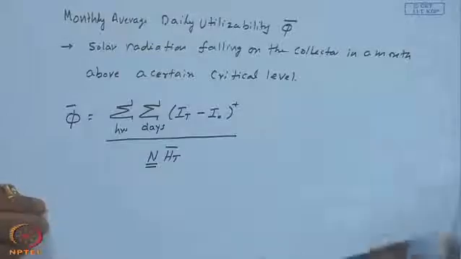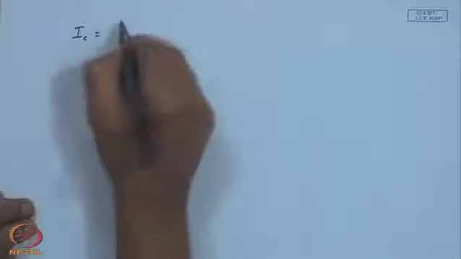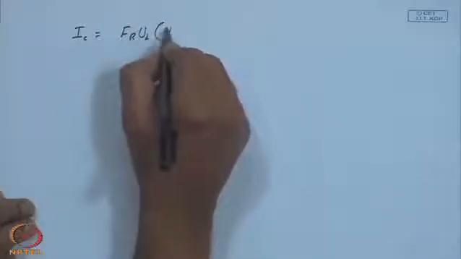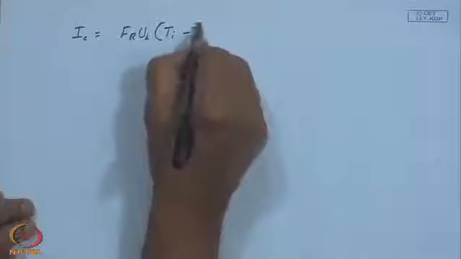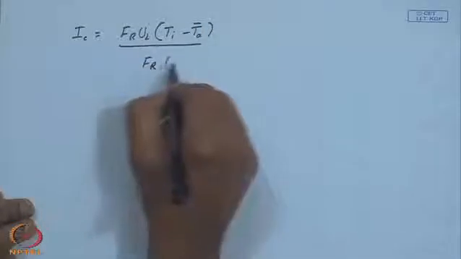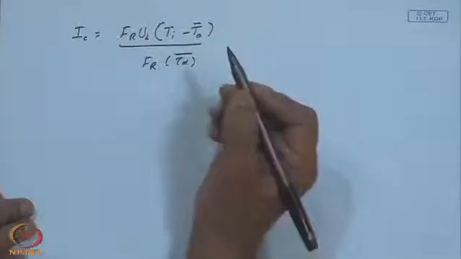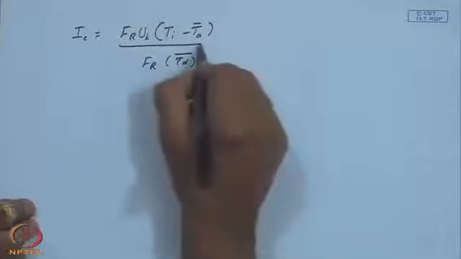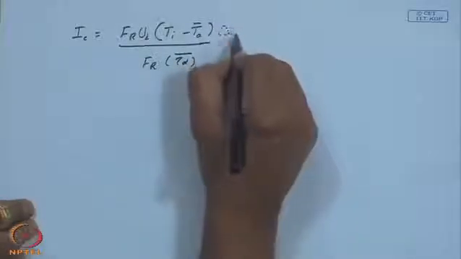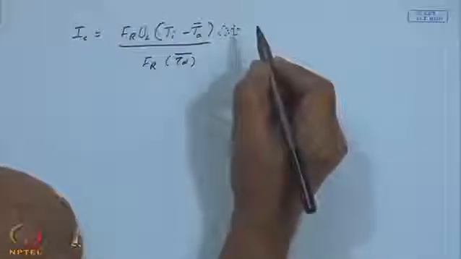And the critical radiation level corresponding to an inlet temperature of T I is defined as F R U L times T I minus T A bar as applicable for the month, upon F R tau alpha bar. And you should remember, here is a hidden delta t, which will indicate the time scale for which this is calculated.